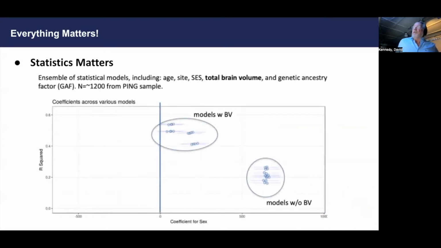Exactly what statistics you use matters. This is just a little example, again looking back at our sex in hippocampus statistical model, where we permute many different models that include age and site and socioeconomic status and total brain volume and genetic ancestry.